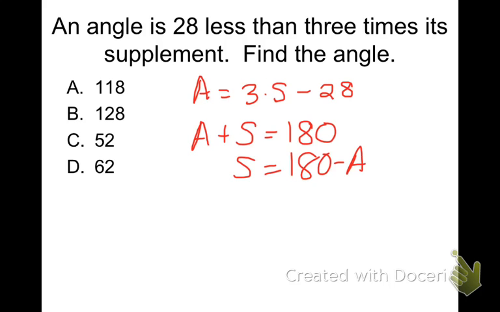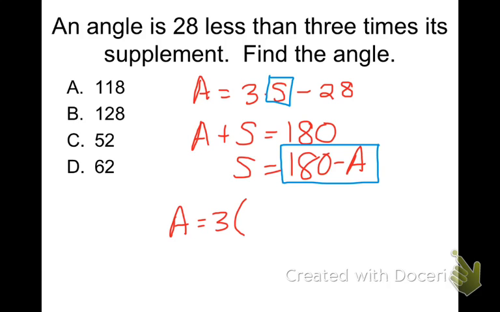That'll take this expression, 180 minus A, and allow us to substitute it into this equation here, and then we can solve for A more directly. So A is equal to 3S. Instead of S, we'll have 180 minus A, minus 28.